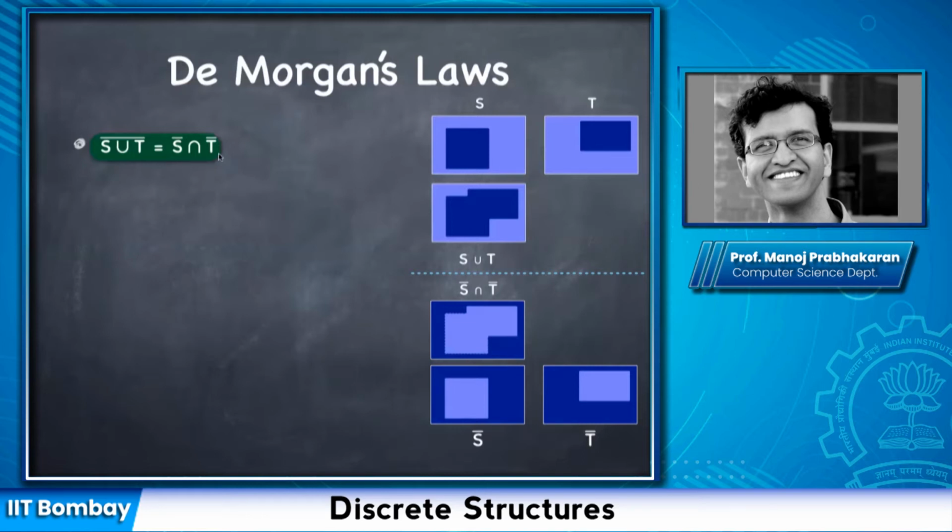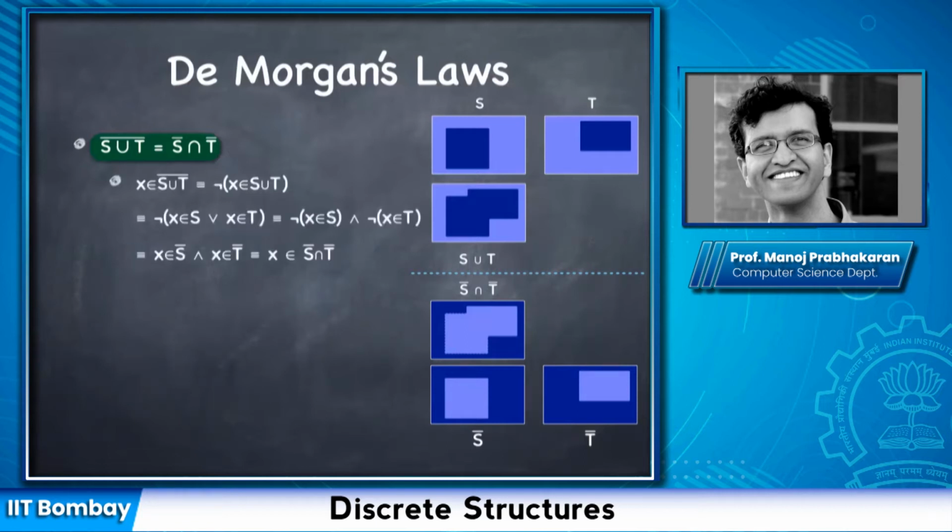Okay, but that's just pictures. So can you actually prove this from what we know from propositional calculus? And here is a proof. So let me translate everything here in terms of its membership predicate. The membership predicate for the complement of S union T evaluates to true if and only if the membership predicate for S union T evaluates to false.